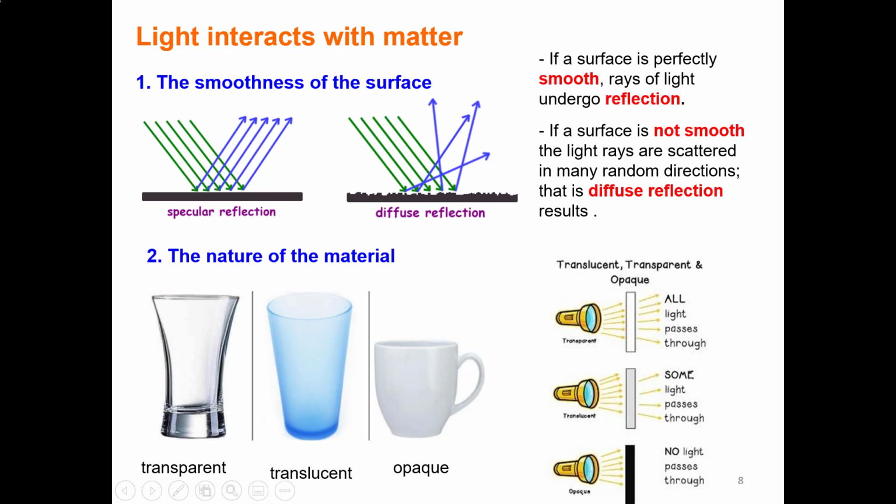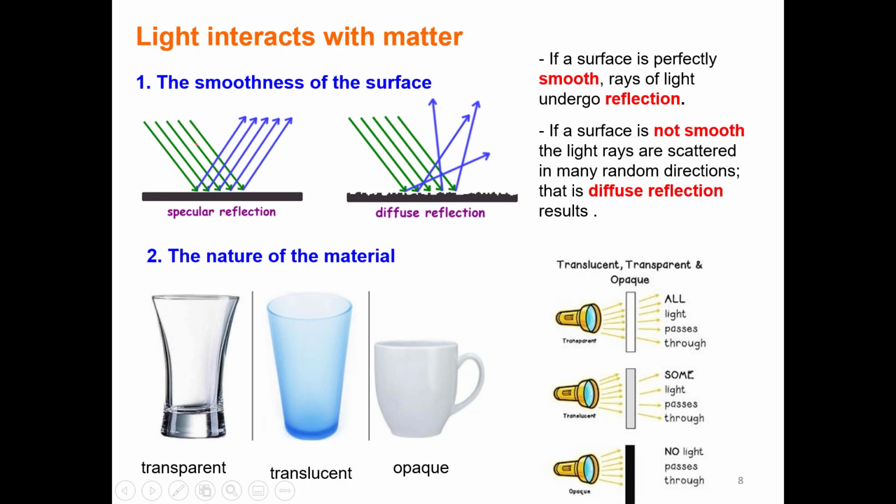When the light interacts with matter, what happens depends on the smoothness of the surface. What happens if the surface is perfectly smooth, like in this case?